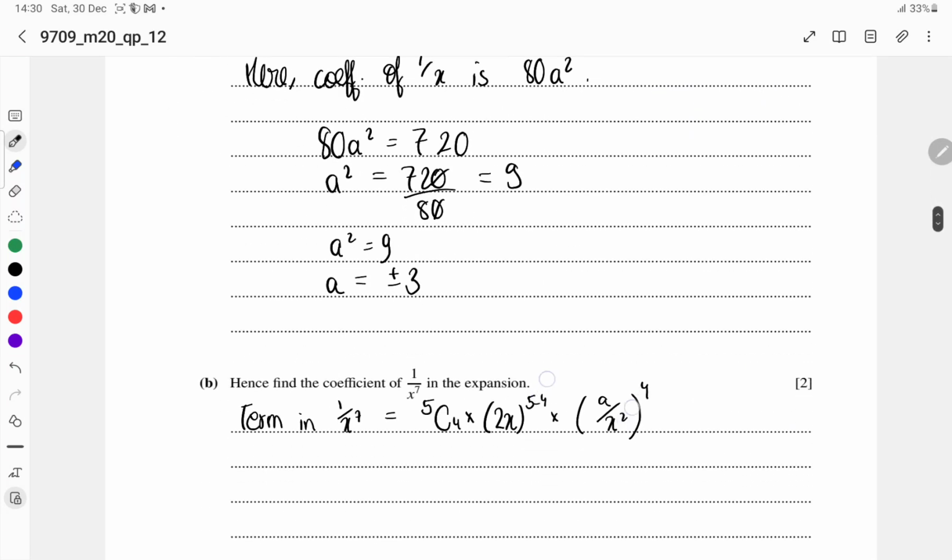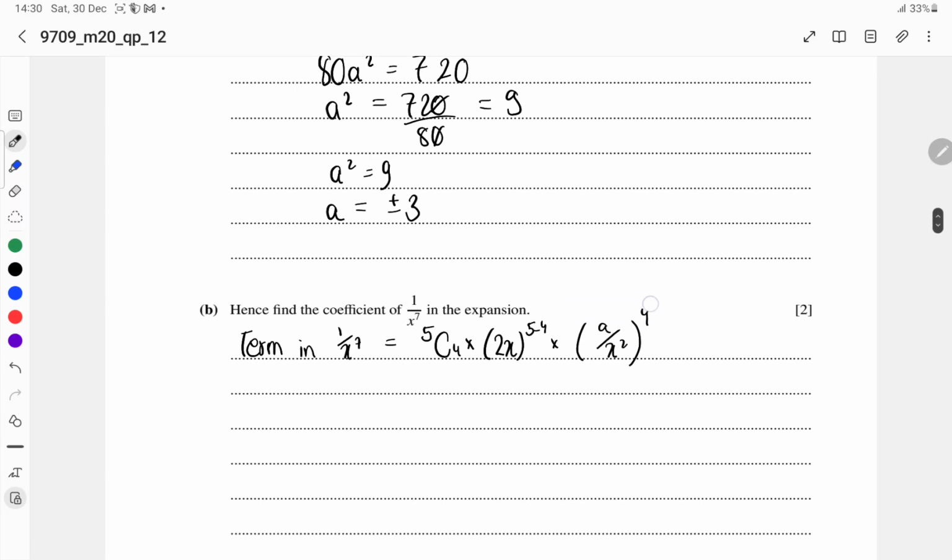So we know that a equals plus or minus 3, and since we have an even power over here, it's always going to be positive, right? So it does not matter if you write plus 3 or minus 3. For simplicity's sake, let me just write plus 3. 5C4 is 5, and then 2 to the power 1 is 2, into x, into a's value, which I'm going to put as 3 over x squared, to the power of 4.